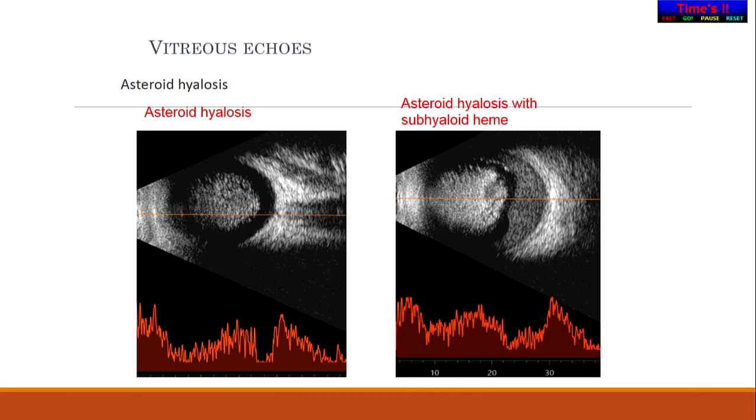The differential diagnosis of this is asteroid hyalosis, which has more reflective, discrete echoes, with a definite gap between the posterior surface of this lesion and the anterior surface of the retina.